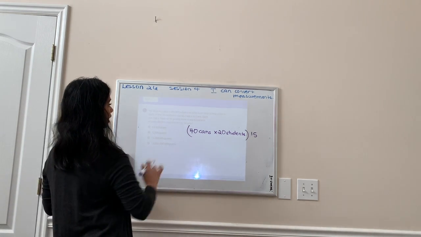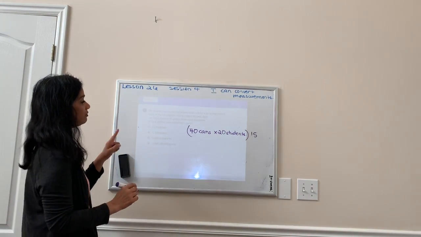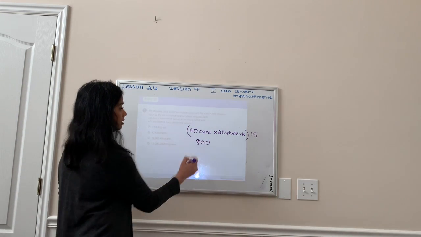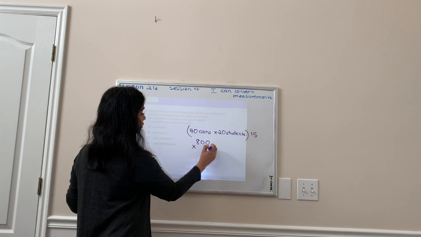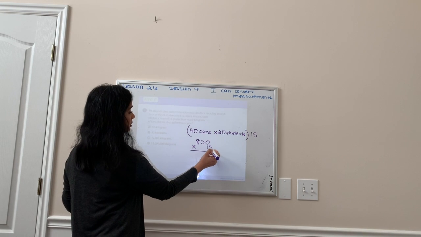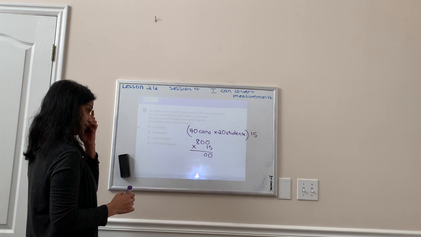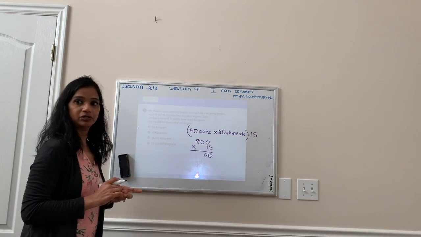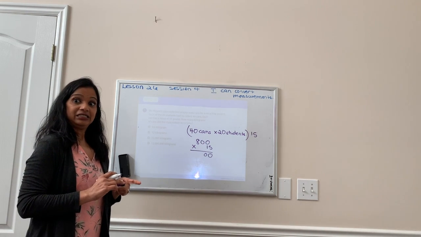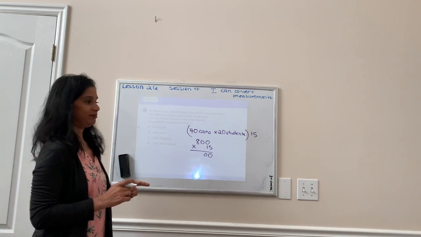So if we multiply 40 by 20, right, we get 4 2s are 80 and 0, so we get 800. Now we have to multiply by 15. And what do we get? 0, 0. And what is 15 times 8? Do we know? What's 15 times 8? 120. 120?